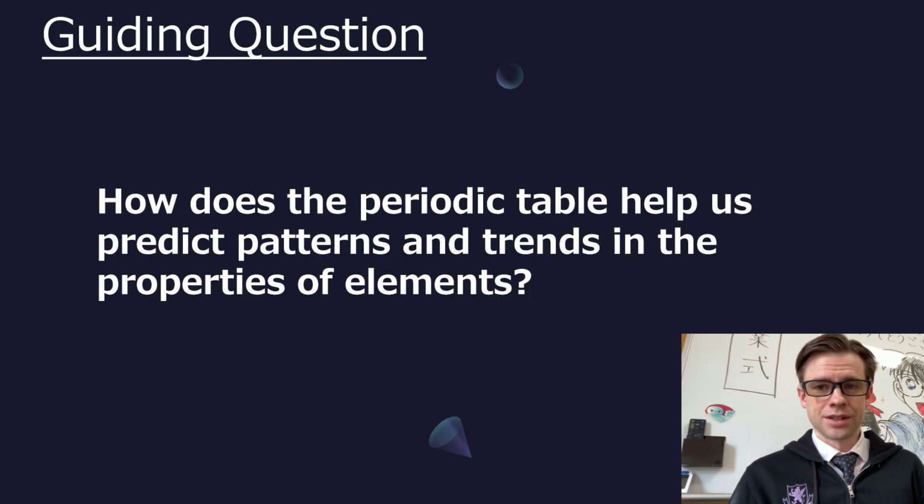But doing that sets it up so that there are specific trends in electronegativity, radius, whatever else we talked about, electron affinity, ionization energy, and so on. And so just by moving around the table that we set up in that way, we can notice trends and predict changes in those characters and numbers.